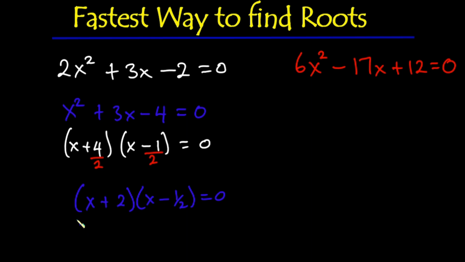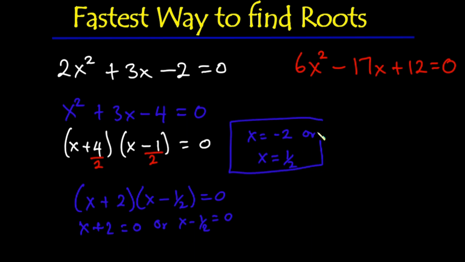And now we can say that x plus 2 is equal to 0, or x minus 1/2 is equal to 0. From this equation, x is equal to -2, or from this equation, x is equal to +1/2. And guess what? You are done.